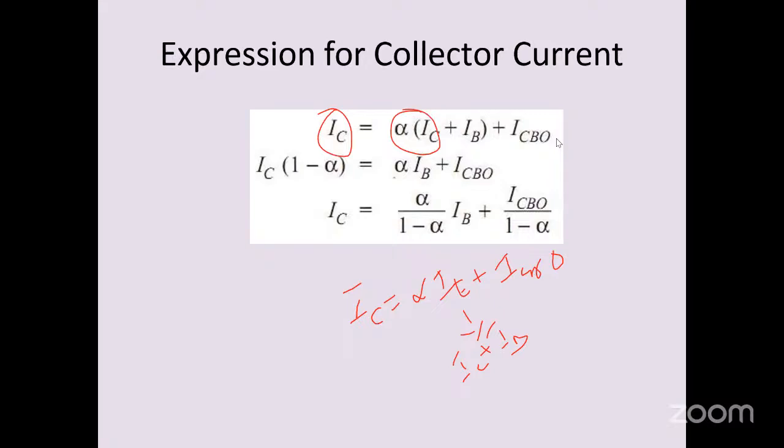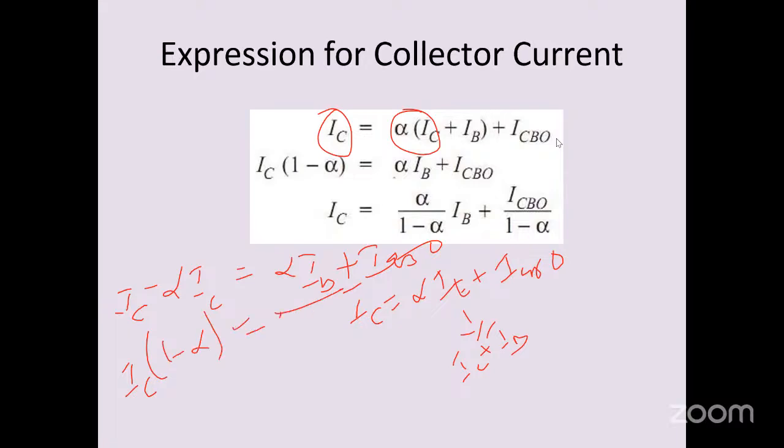If you take it to the left side, IC minus alpha IC equals alpha IB plus ICBO. If you take IC common, 1 minus alpha, same thing. So IC equals alpha by 1 minus alpha into IB plus ICBO by 1 minus alpha.